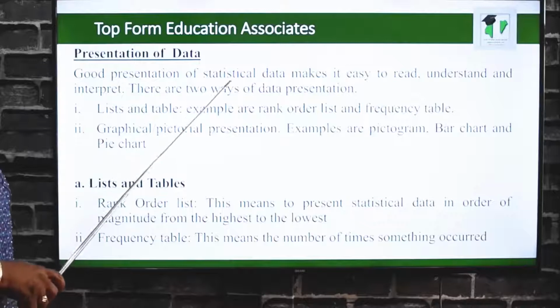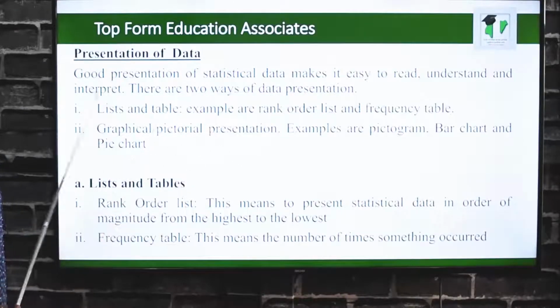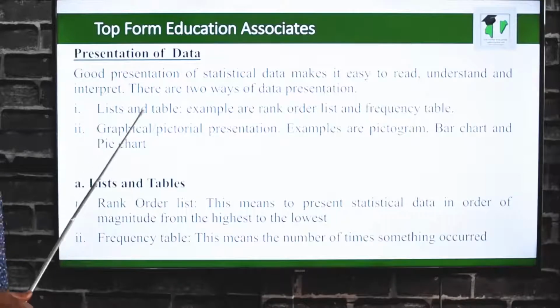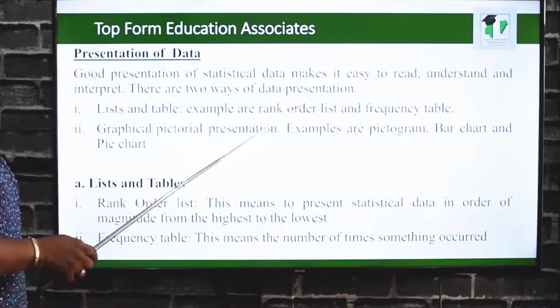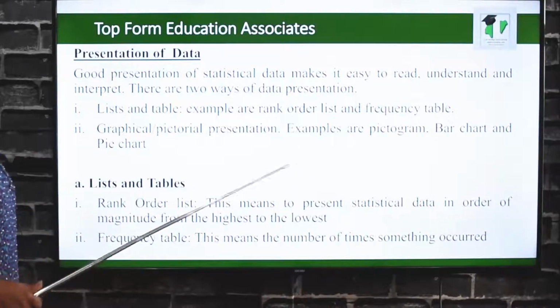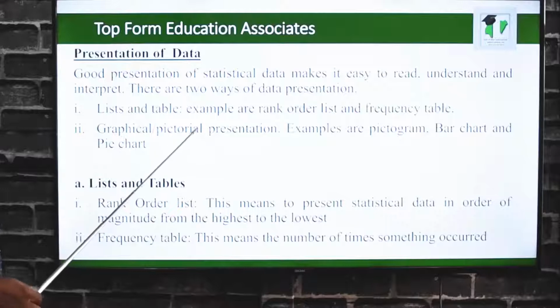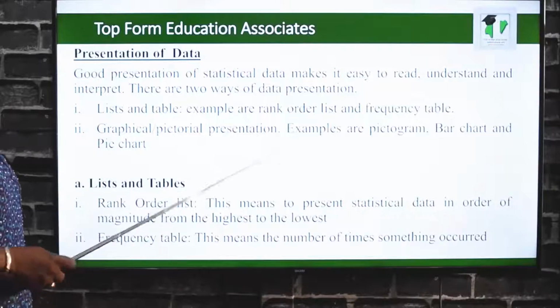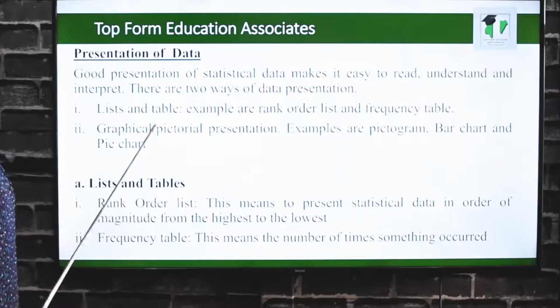There are two major ways of data presentation. One is lists and tables. Examples are rank order list and frequency table. Two is graphical and pictorial presentation. Examples are pictogram, bar chart, and pie charts.